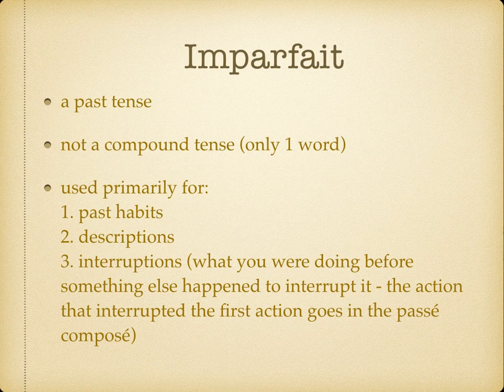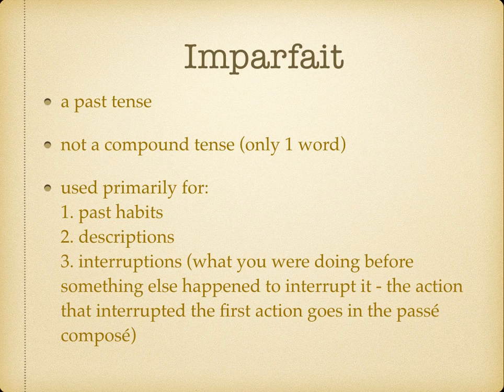And then finally, we're going to begin with our interruptions sentences, which is a little bit of a misnomer. If you think about when we're describing an interruption, all of those sentences have at least two verbs in them. So we have something like, I was eating when she coughed. We have the verb eating, and then we have the verb coughed. We have to say what we were doing before something else happened to interrupt it.